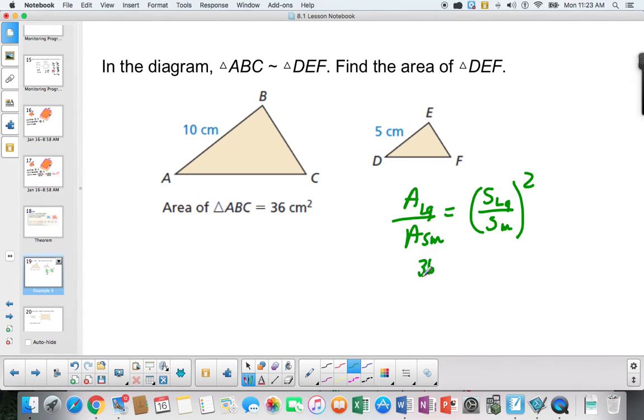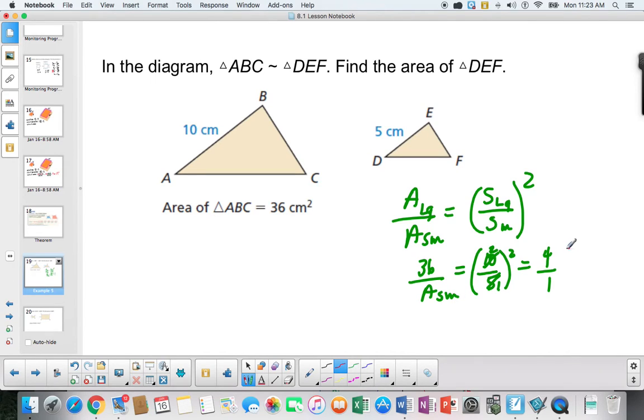So this is 36 over area of the small, and area of the large is 10 over 5 squared. So when we reduce this, this is going to be 2 over 1, and then that'll be 4 over 1. So I have 36 over area small equals 4 over 1.